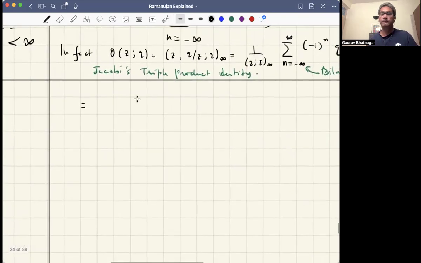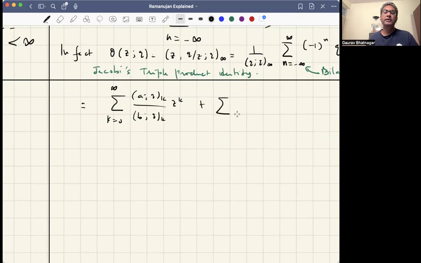This is equal to k going from 0 to infinity, (a; q)_k over (b; q)_k, and then using the simplification that we did, it's (q/b; q)_k over (q/a; q)_k, and (b/(az))^k.